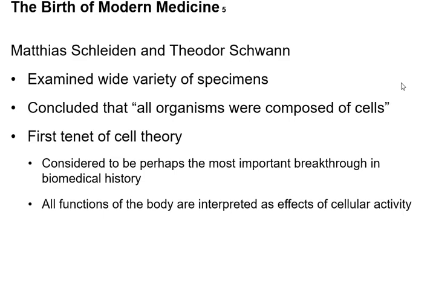So when we get to the chapter on histology, we'll see if we can make sense of it and group them into types of cells. They think this was the most important breakthrough in biomedical history, to figure out that all living things are made of cells. So that's one of the big concepts you need to learn in this chapter.